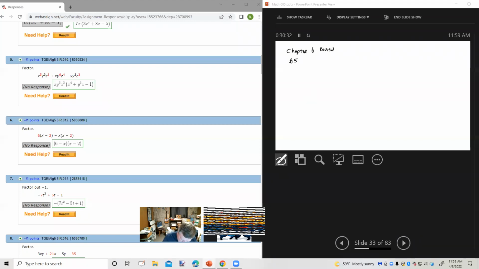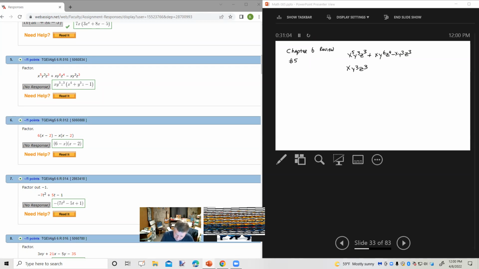So we've got x to the 5th, y cubed, z cubed, plus x, y to the 6th, z to the 4th, minus x, y cubed, z cubed. So greatest common factor would be an x, a y cubed, and a z cubed.